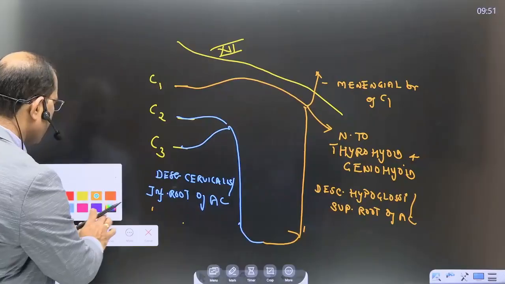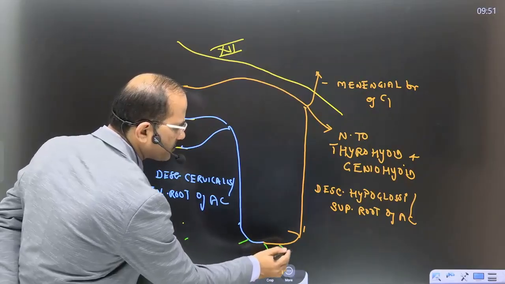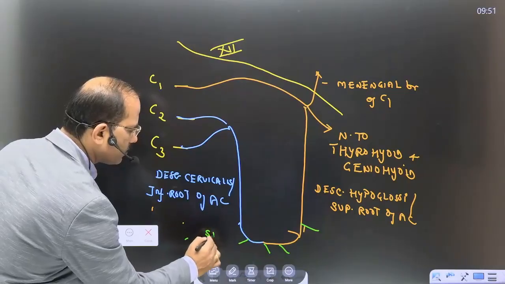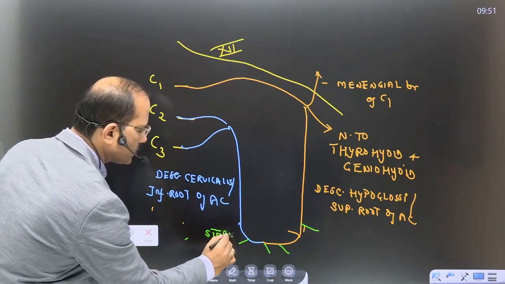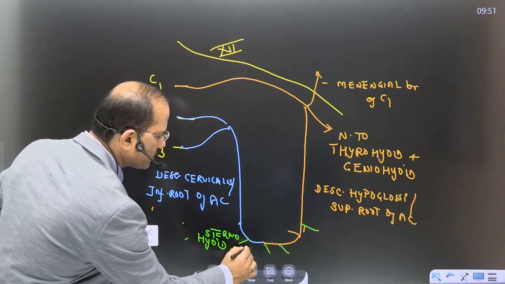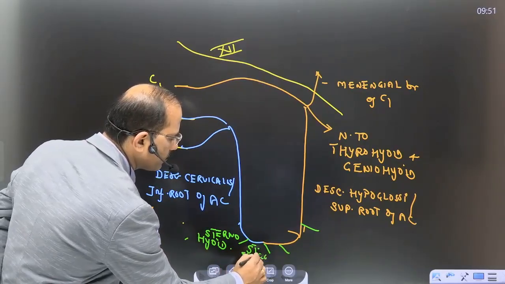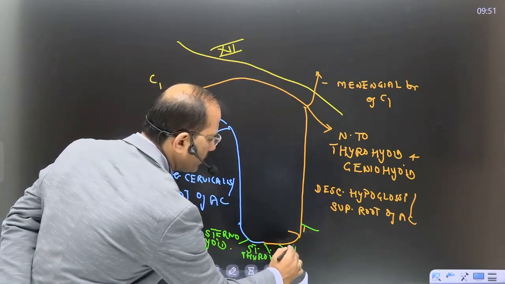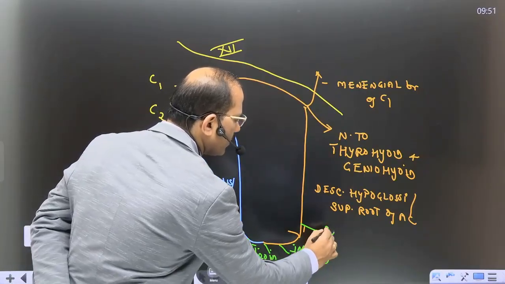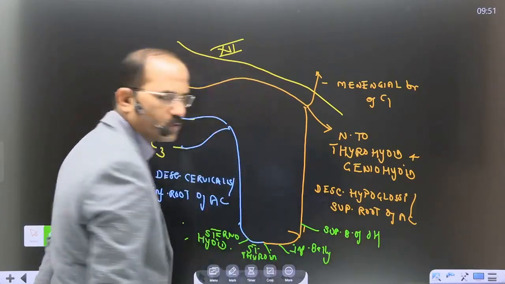And what is the ansa cervicalis going to supply? Now, what does it supply? Have a look at this. It supplies the strap muscles. So what is this? Sternohyoid, that's nerve to sternohyoid, sternothyroid, inferior belly, and the superior belly of omohyoid.